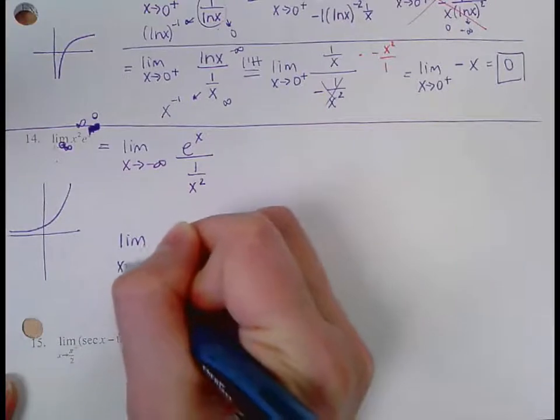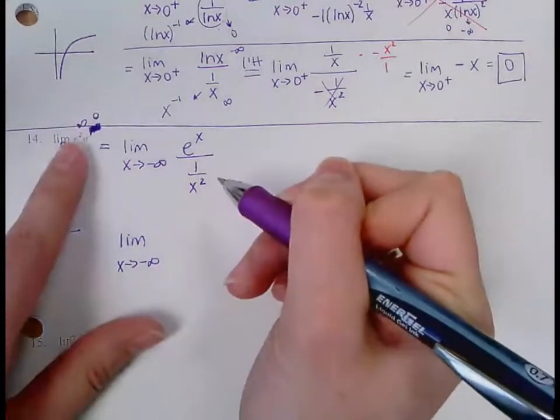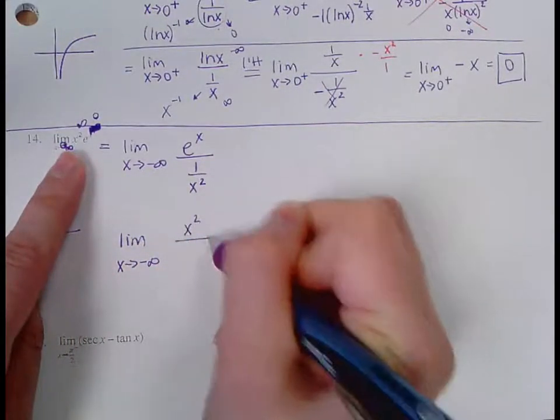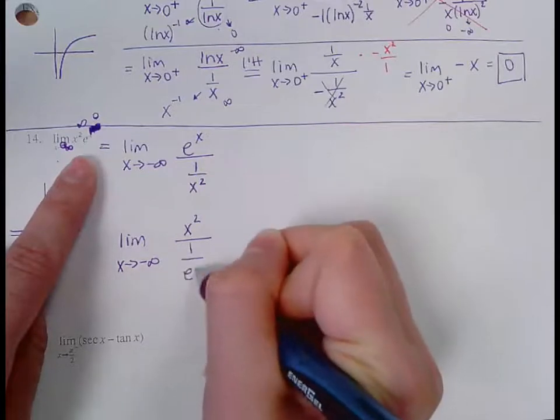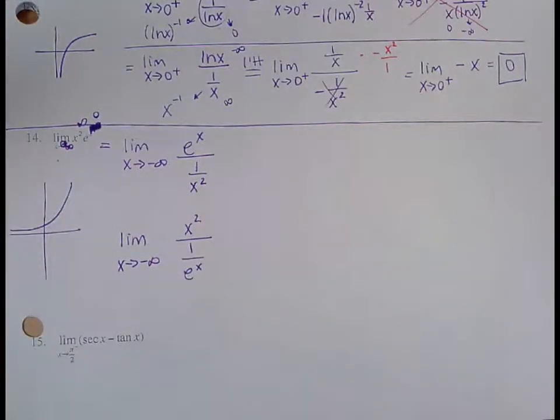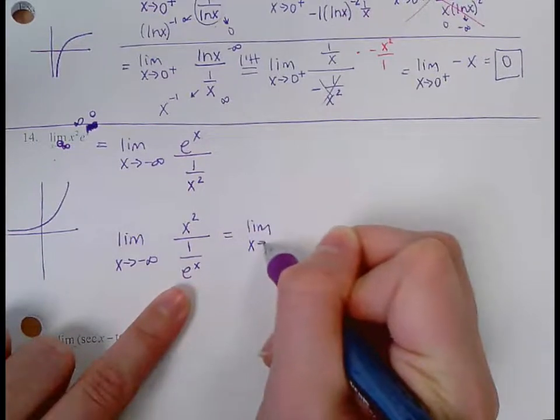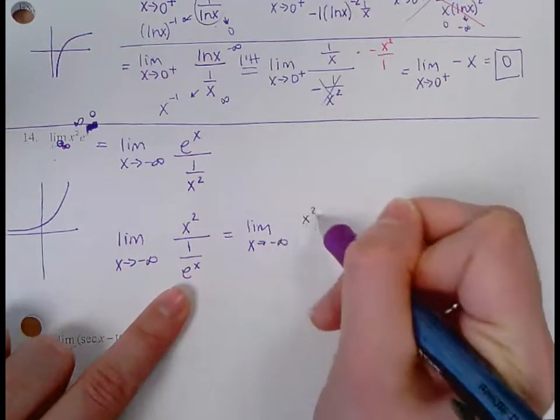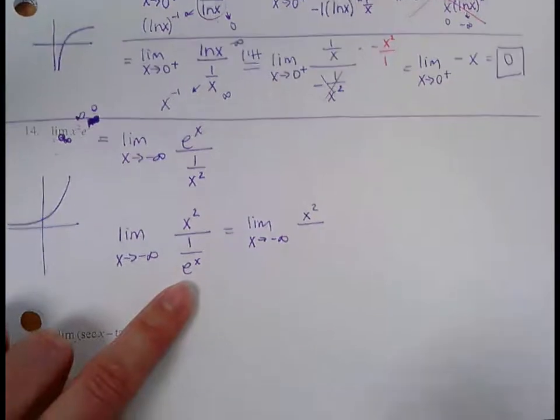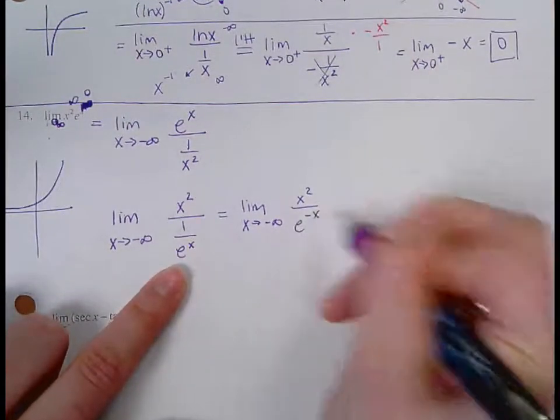Instead, you want to keep the x squared on the top, and then do 1 over e to the x in the bottom, which I'm going to rewrite right away, not using L'Hopital's rule yet, as x squared over e to the negative x.